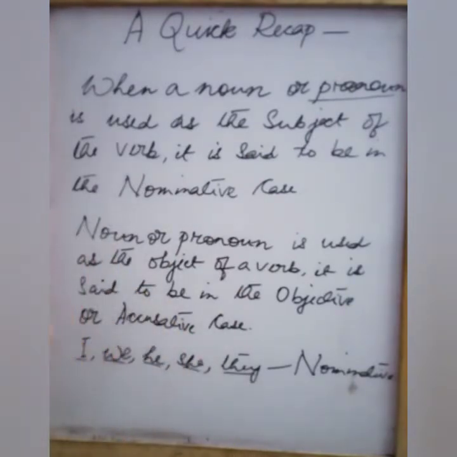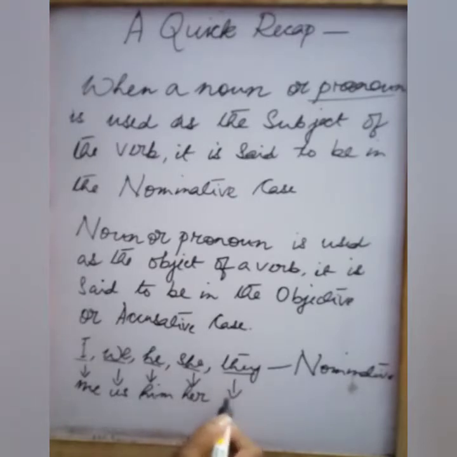If we are finding that the subject is in the accusative case, so what will I become? I will become me, right? Then we will become us. He will become what? Him. She will become her.